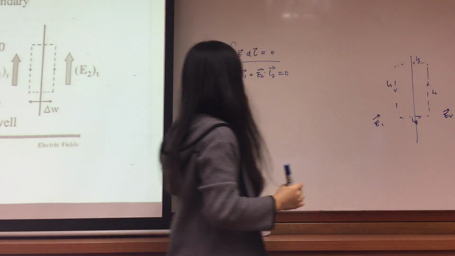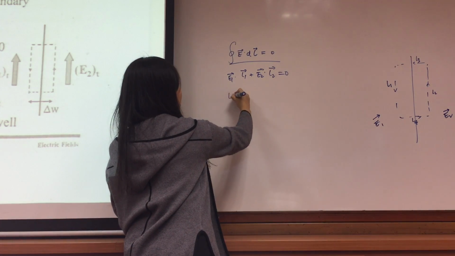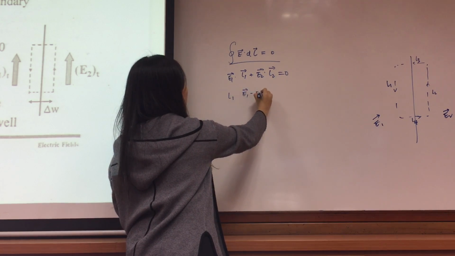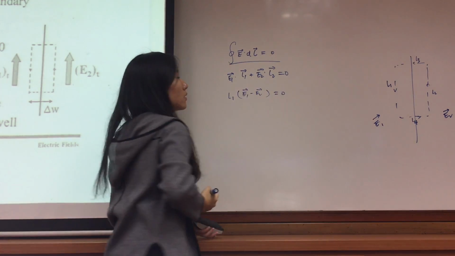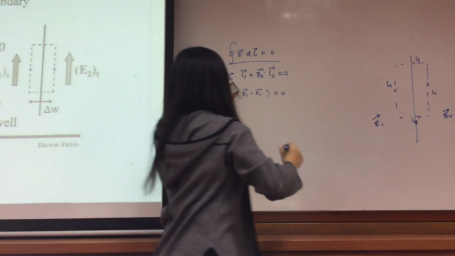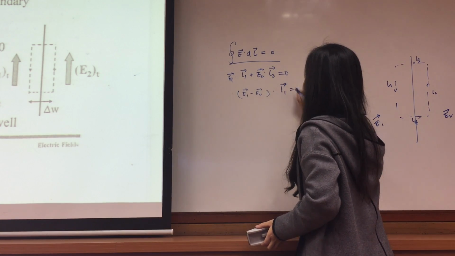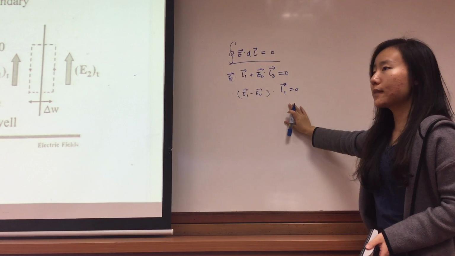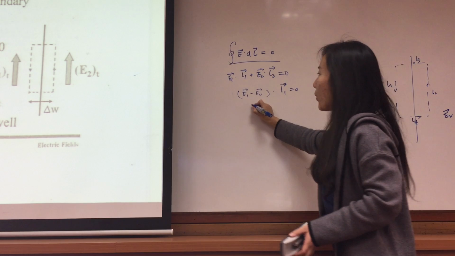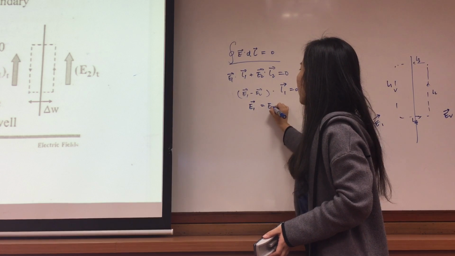So I can combine them and write E1 minus E2 dot L1. This is because they have the same magnitude but opposite directions. That is how I get E1 equals E2.